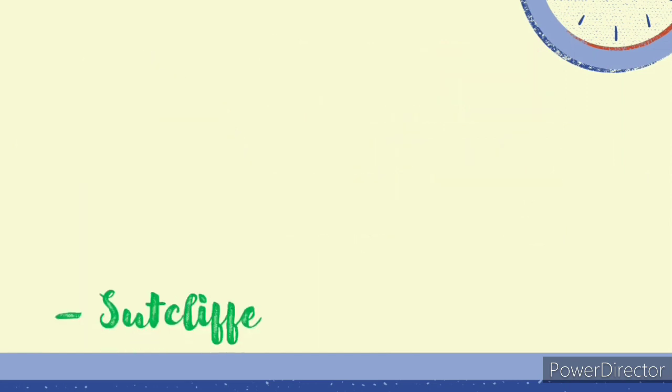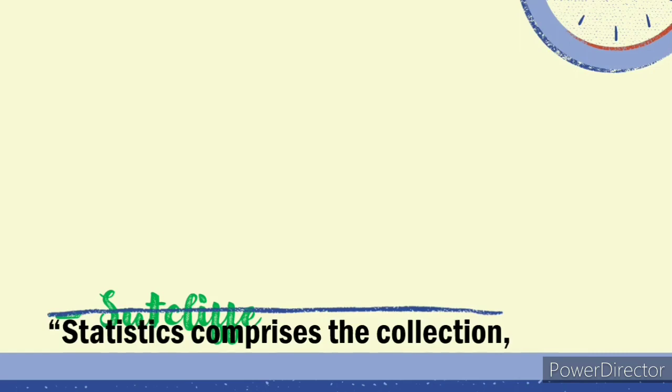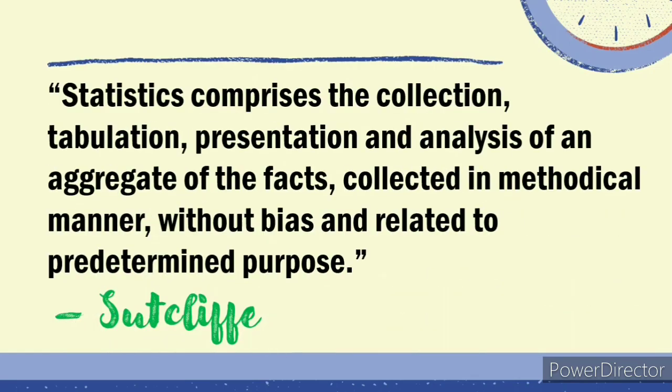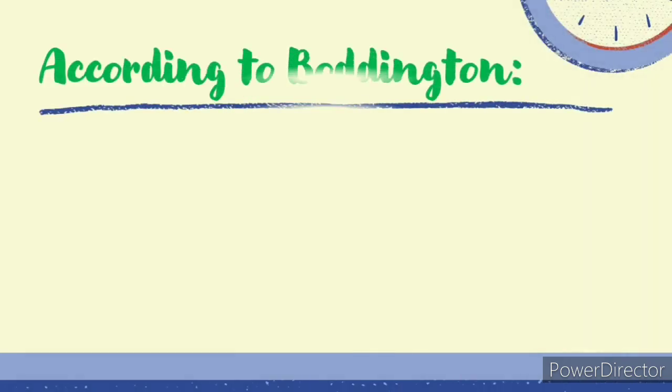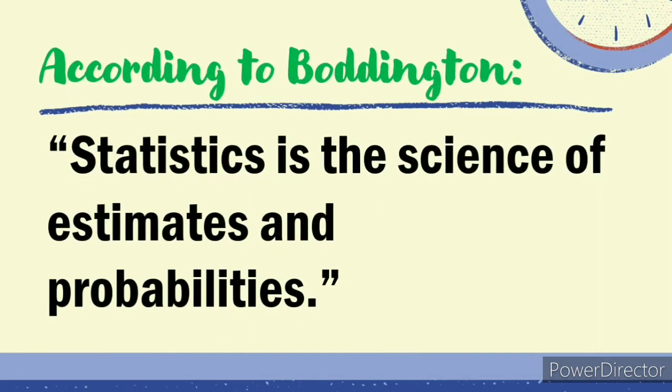Here's another meaning of statistics from Secrist: Statistics comprises the collection, tabulation, presentation, and analysis of an aggregate of facts collected in a methodical manner without bias and related to a predetermined purpose. And according to Boddington, statistics is the science of estimates and probabilities.